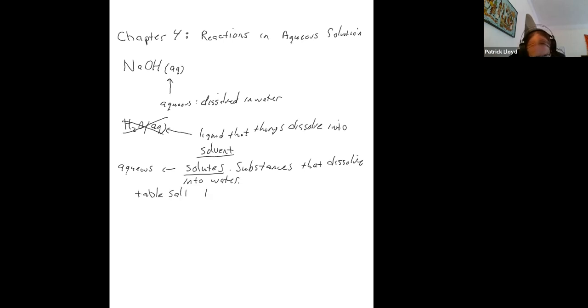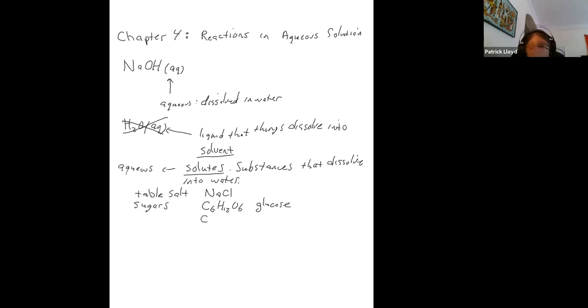Table salt is sodium chloride. We also know that sugar dissolves into water. In fact, pretty much all types of sugars dissolve into water. There's different types of sugars. There's this one, which is called glucose. Glucose is often added to Gatorade. So that's one type of sugar.